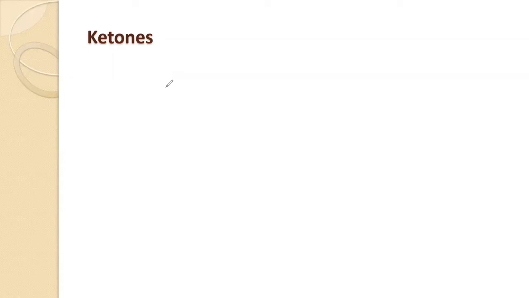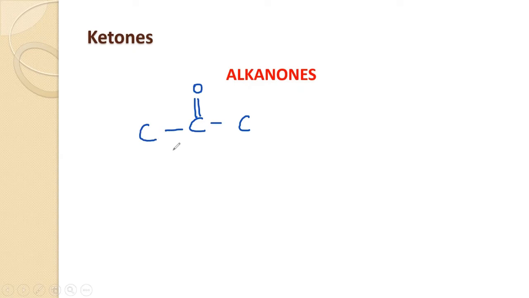Next, we come to the nomenclature of ketones. Ketones are called alkanones. The first member of the ketone series requires 3 carbon atoms, right? Because there has to be a C double bond O, and it has to be compulsorily attached to 2 other carbon atoms.